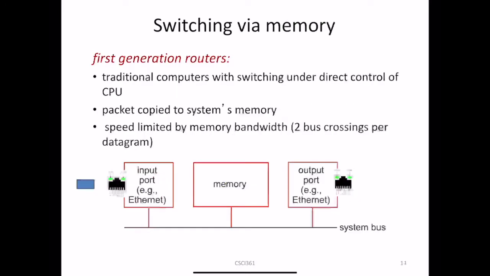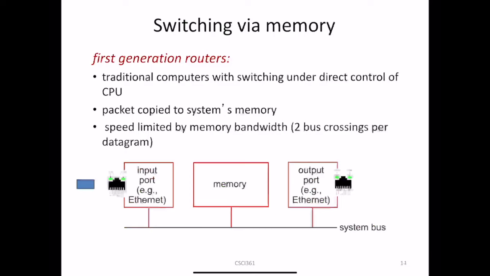First, let's see switching through memory. Actually, this switching through memory is the first generation of routers. These routers were implemented through traditional computers, so their switching is under the direct control of the CPU.